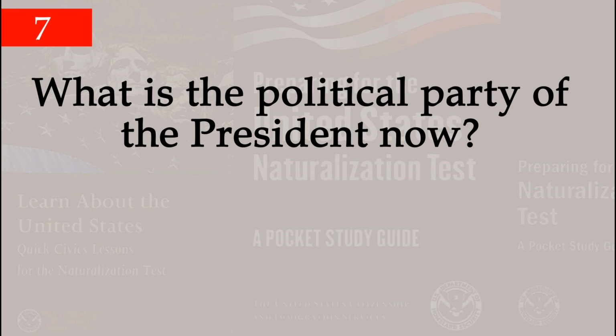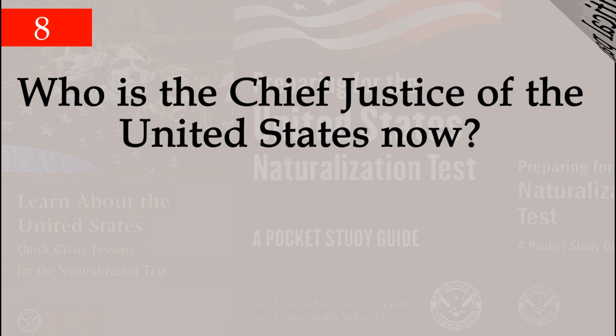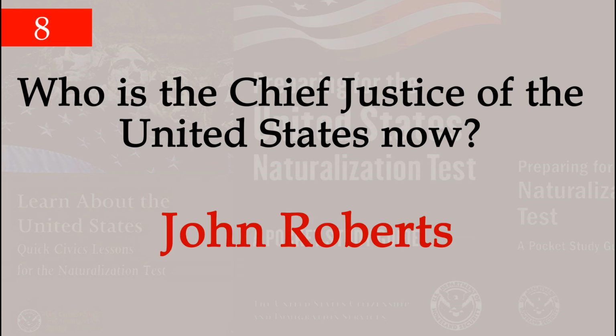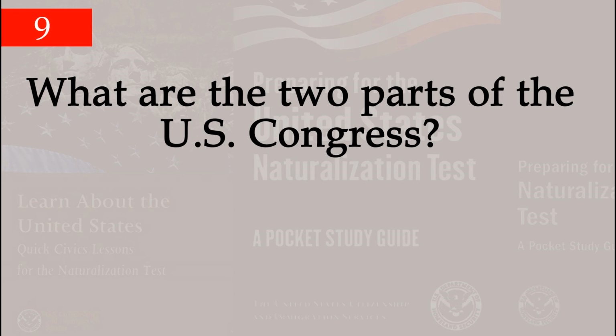What is the political party of the president now? Democratic. Who is the Chief Justice of the United States now? John Roberts. What are the two parts of the U.S. Congress?